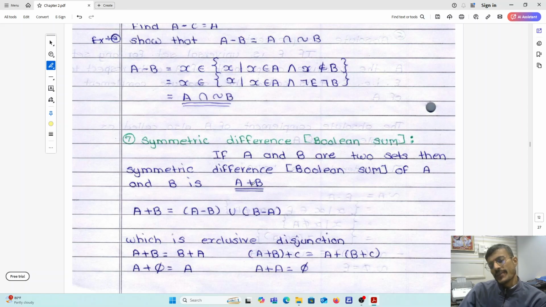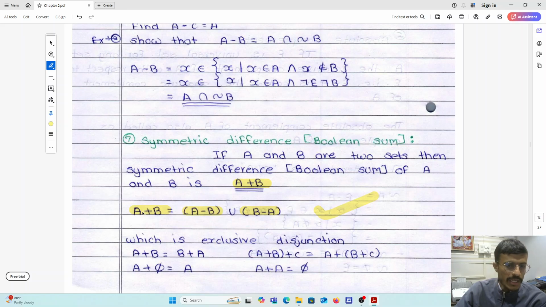The symmetric difference is represented as A plus B or A triangle B. I did not mention it here, but A triangle B is also a notation for symmetric difference or Boolean sum. So A plus B equals the relative complement of B in A union the relative complement of A in B. That is the symmetric difference.